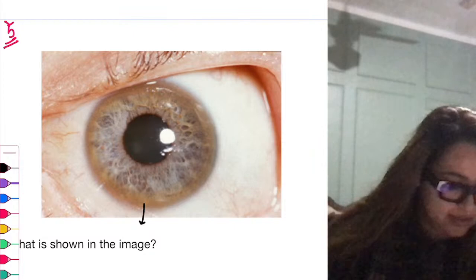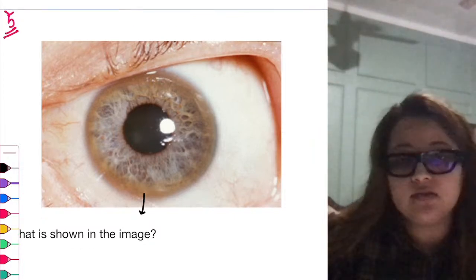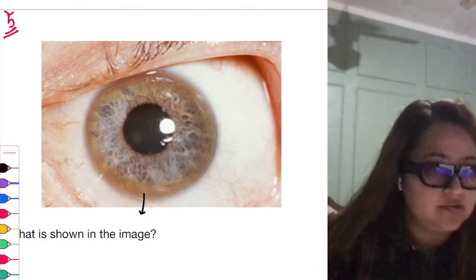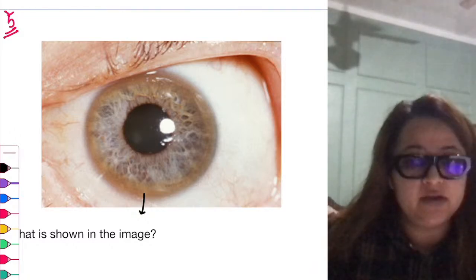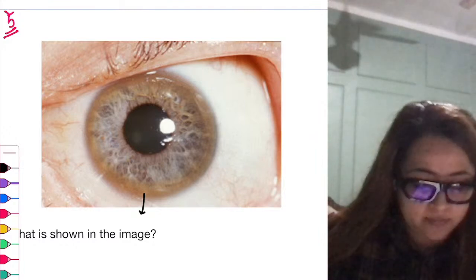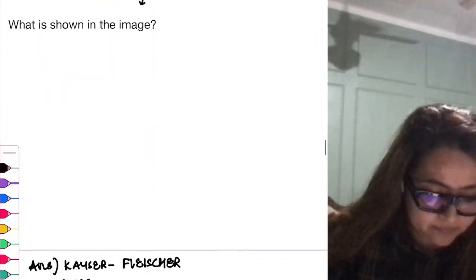Yes, this is the correct answer. The picture shows the Kayser-Fleischer ring, okay? Do not directly call it Wilson. Here you are being asked about the finding. So here what you're seeing is a brownish ring, okay? Brownish ring, that is the Kayser-Fleischer ring.